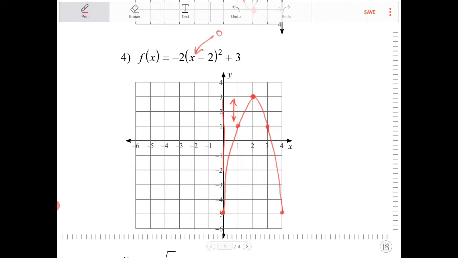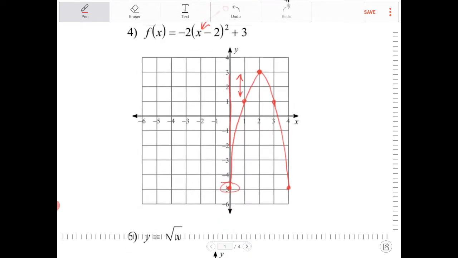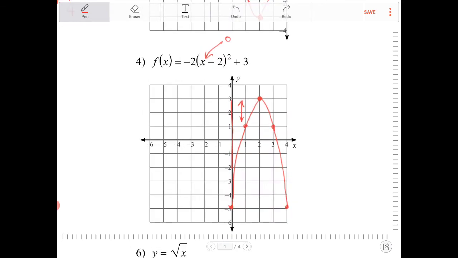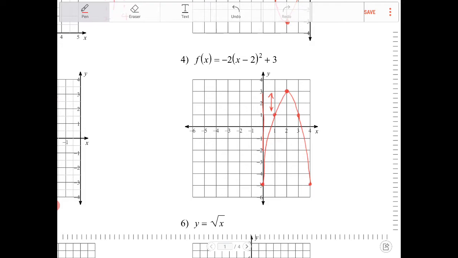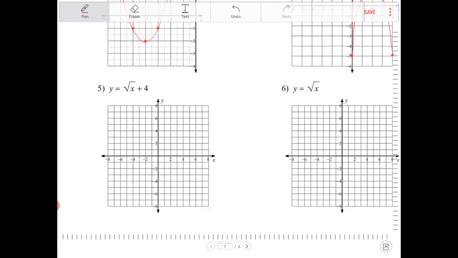If I throw in 0, I get 0 minus 2 is negative 2 squared. That's positive 4. Positive 4 times negative 2 is negative 8. Negative 8 plus 3 is negative 5. So that's how I end up with negative 5 there. You can do that to figure out all the different y coordinates as well. But try to use the technique that I just showed you, where you can just draw this out based on transformation of these functions.